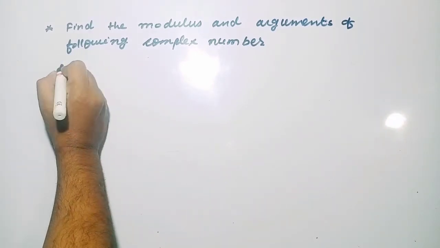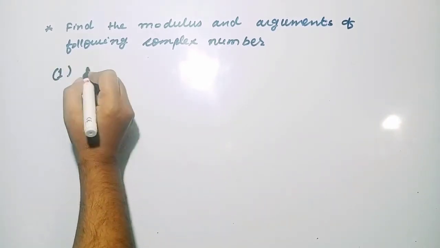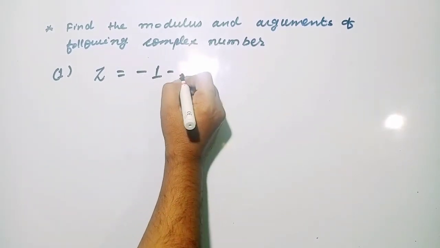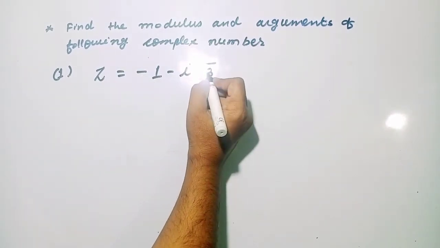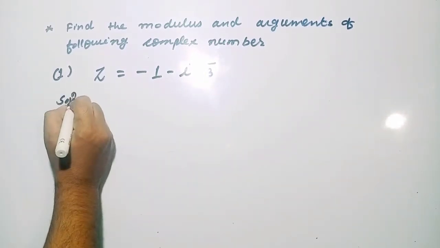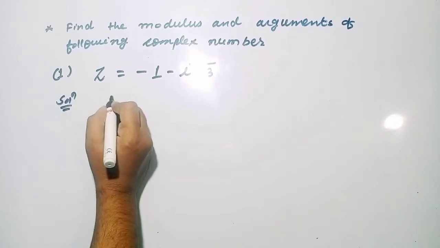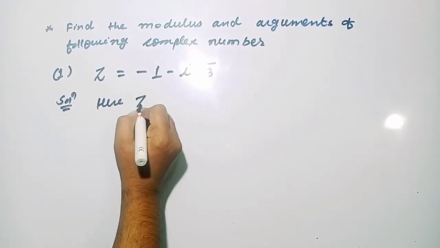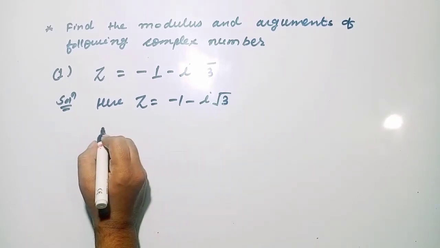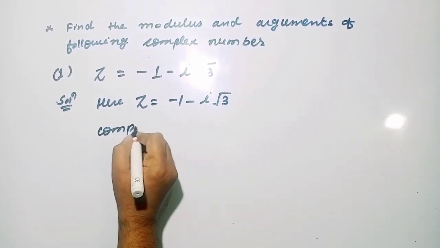Considering the very first question, the complex number is z is equal to minus 1 minus iota root 3.